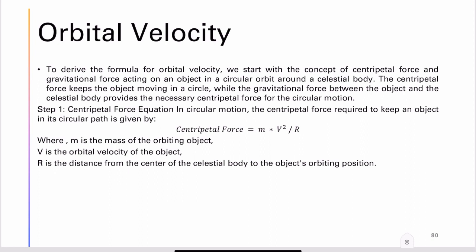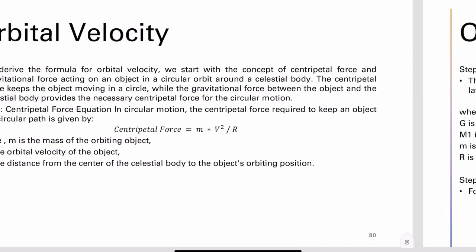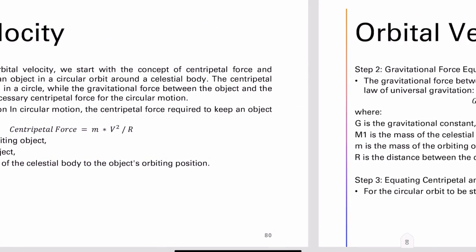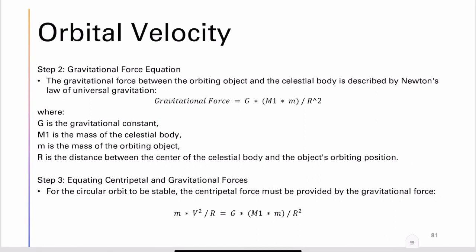The centripetal force in a circular motion is represented by mv square by r, where m is the mass of the orbiting object, v is the velocity of the object, and r is the distance from the center of the celestial body to the orbiting position of the object.